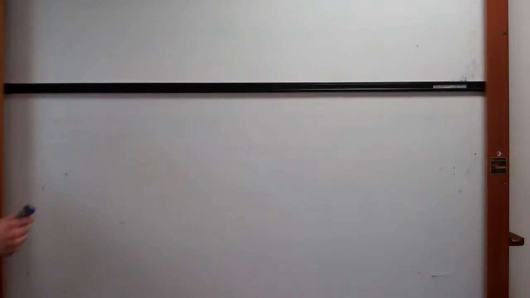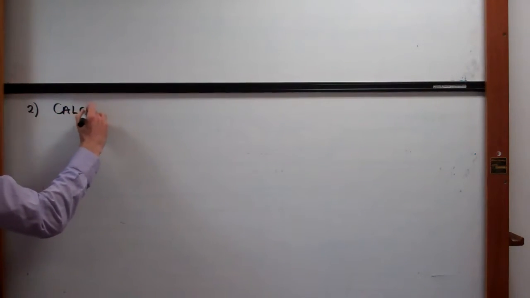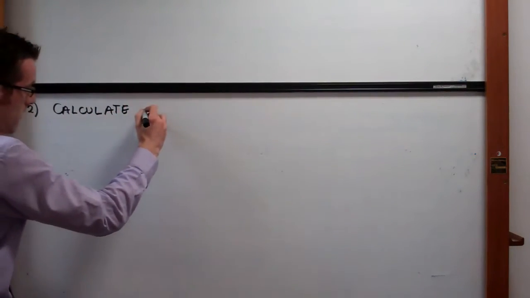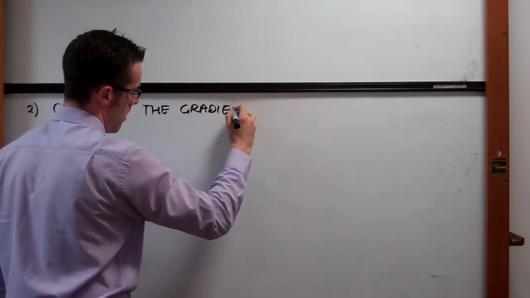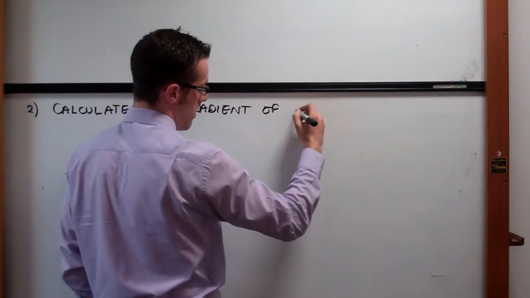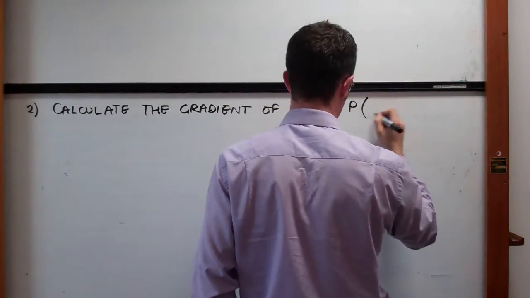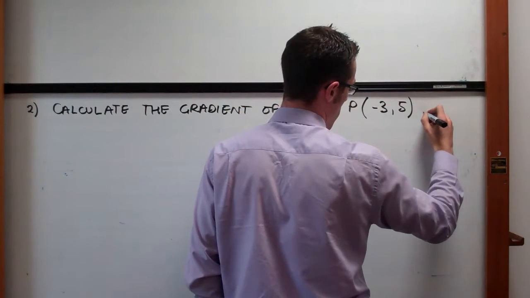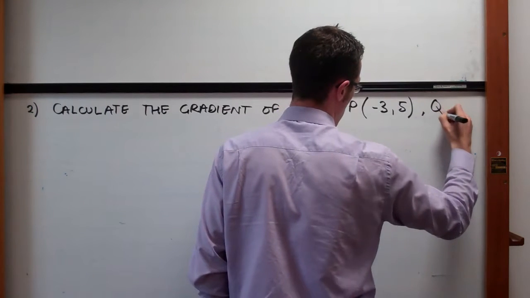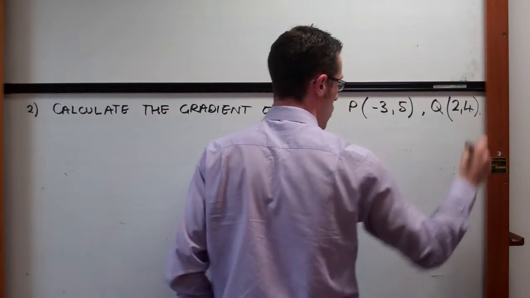So, this time, we're going to calculate the gradient of the line P minus 3, 5, Q 2, 4.